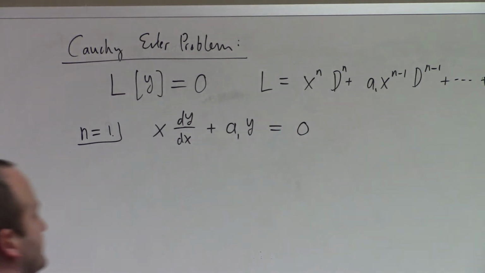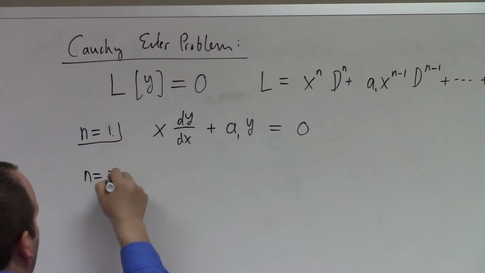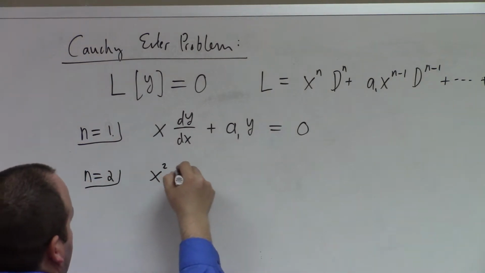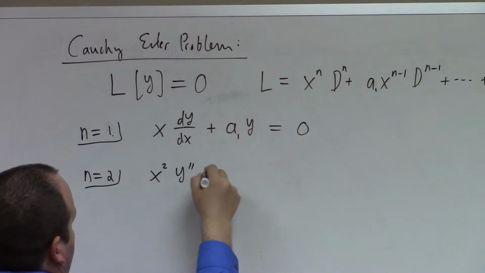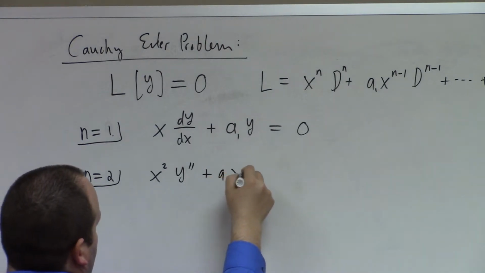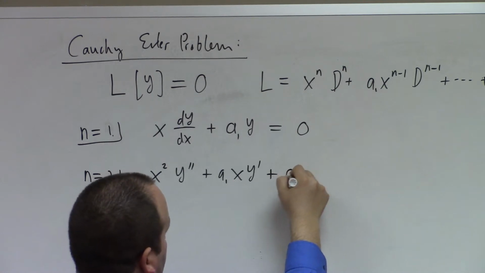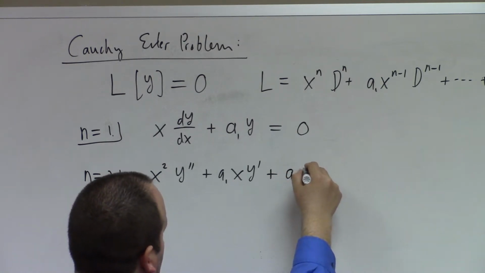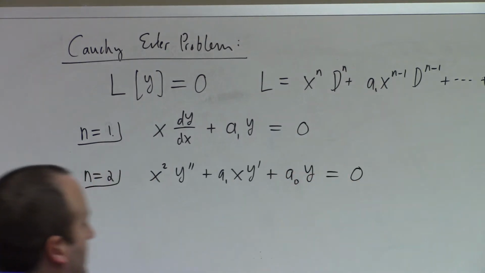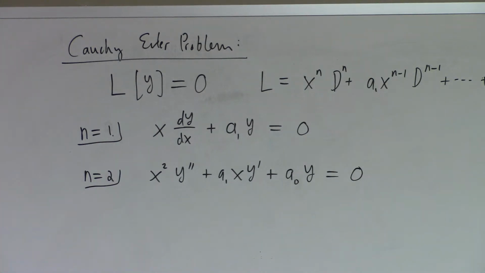For n equals 2, it looks like x squared y prime prime plus a1 x y prime plus a0 y equals 0.